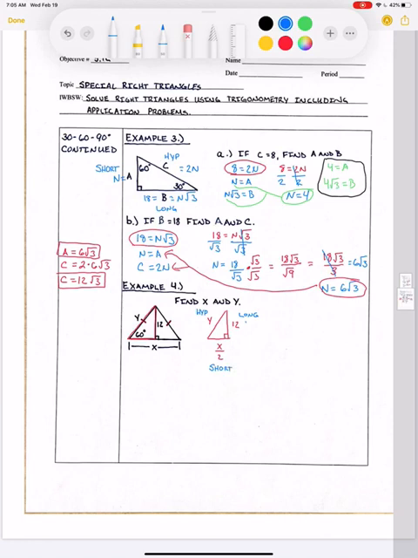I know my hypotenuse is always 2n. My long side is n times the square root of 3. My short side is just n. So I'm going to write everything I have.